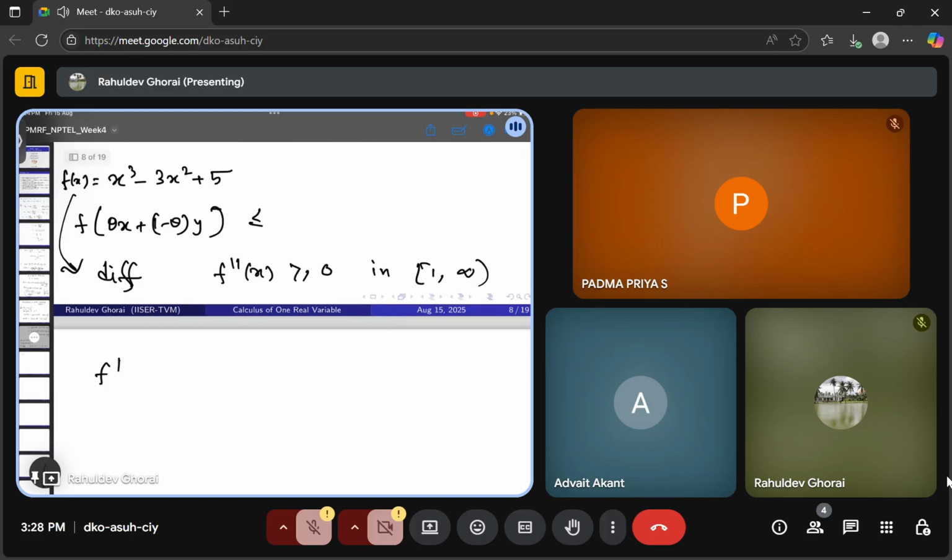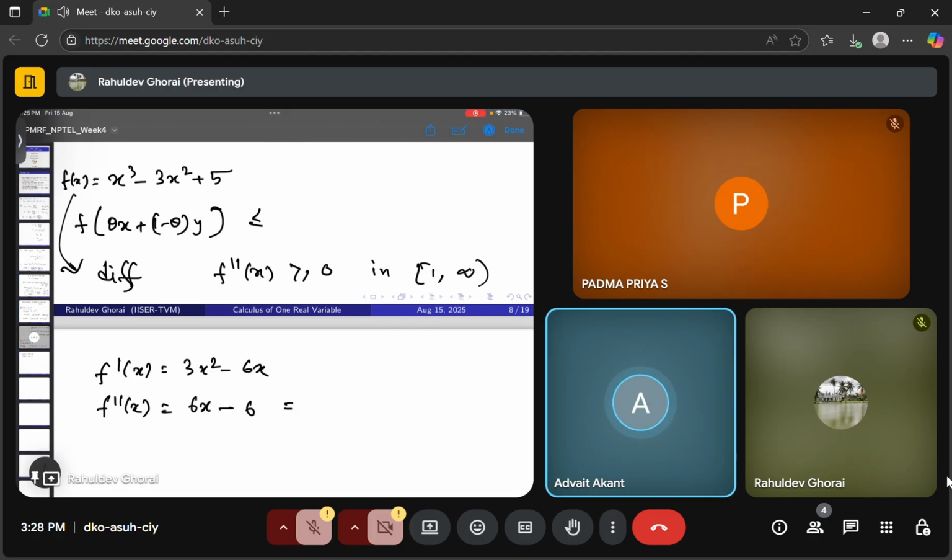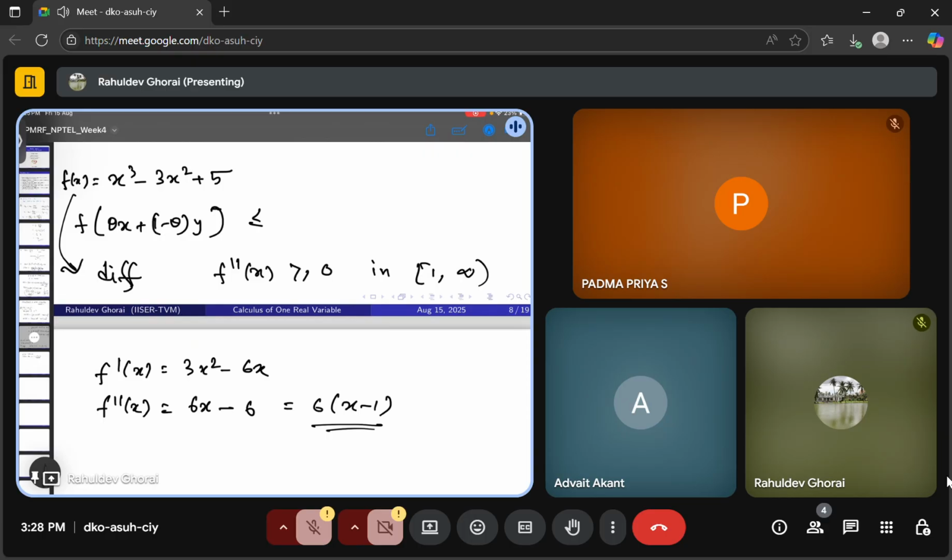Okay, so f dash x is equal to 3x square minus 6x, right? f double prime x will be 6x minus 6. Sorry, I just checked f dash x. If double prime x, you have to check, right? Yes.